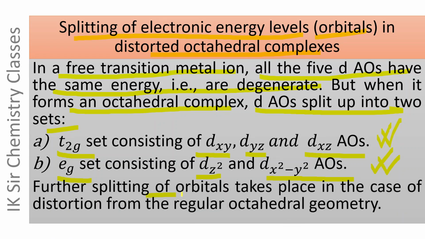Further, a splitting of orbitals takes place in the case of distortion from regular octahedral geometry. If distortion from regular octahedral geometry takes place, these two sets further undergo a splitting depending upon the conditions: Jahn-Teller out or Jahn-Teller in.